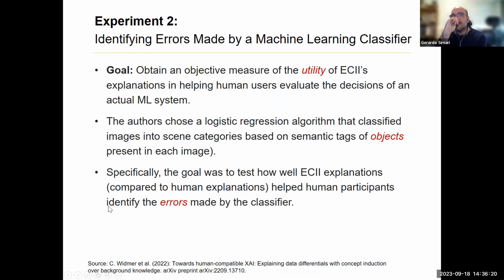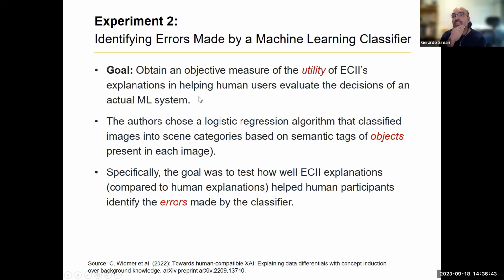In the second experiment, the authors were seeking to identify errors made by a machine learning classifier. In this case, the goal was to obtain an objective measure of the utility of the explanations in helping human users evaluate the decisions of an actual system.